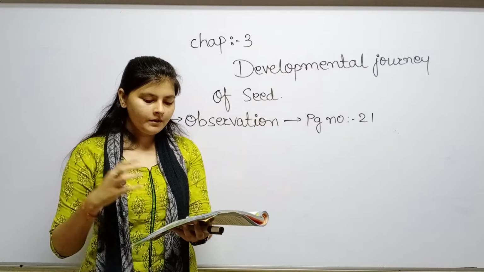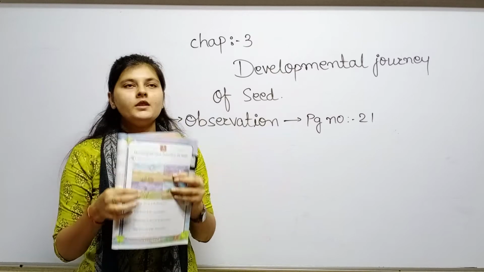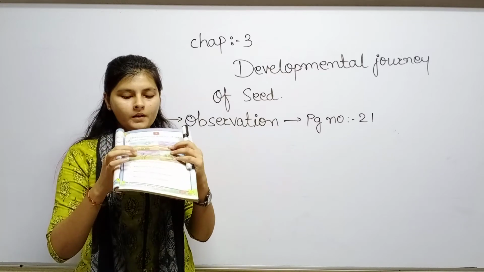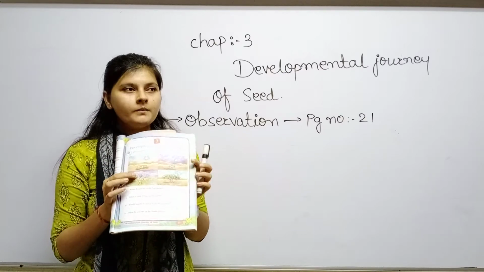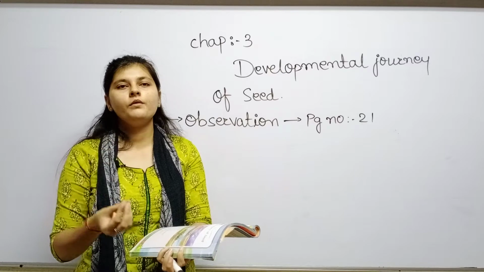Now it is written, which season is shown in the third picture. By the picture you can easily guess that it is the monsoon season, right? Because it is raining. And in the last question it is written, what do you see in the fourth picture.